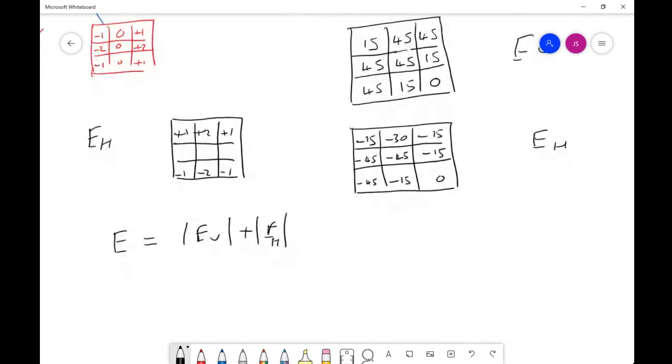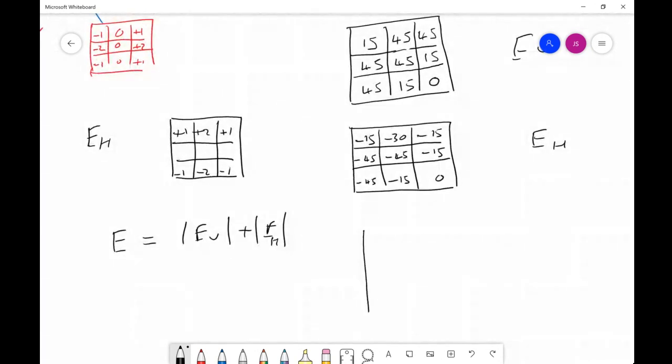And that is going to give me my E picture, adding the modulus of those strength maps, EV and EH, is going to be 15, and mod of -15, of course, is 15. It's going to be 30. It's not 0 because you're adding the mods. The next one is going to be 75.